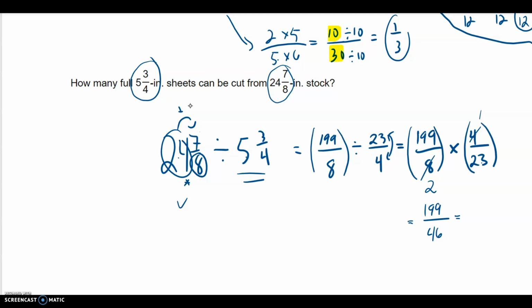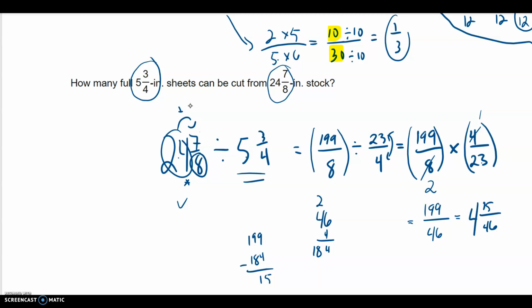So I go 199 divided by 46. It goes in 4 times. So 46 times 4, 24, carry the 2, 16 plus 2 is 18. So that would leave me with a remainder of 15.